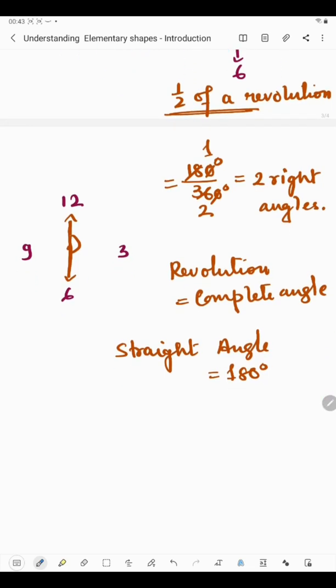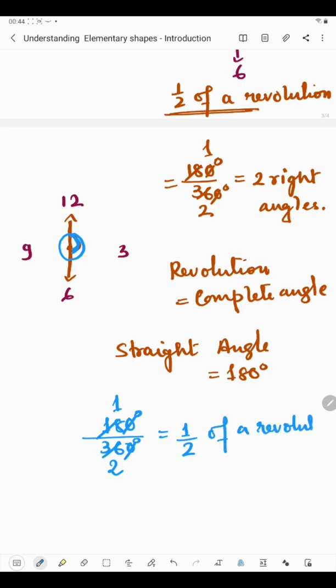One complete revolution is 360 degrees, and since it makes a straight angle, that means 180 degrees. Now if you cancel zeros, 18 ones are 18, 18 twos are 36. So it is 1/2 of a revolution.